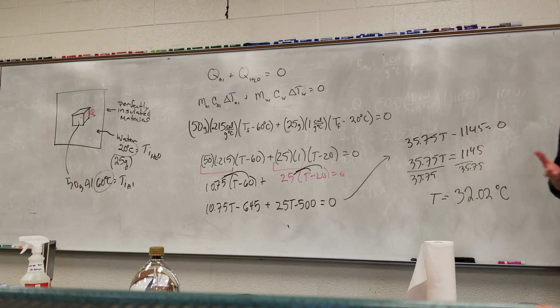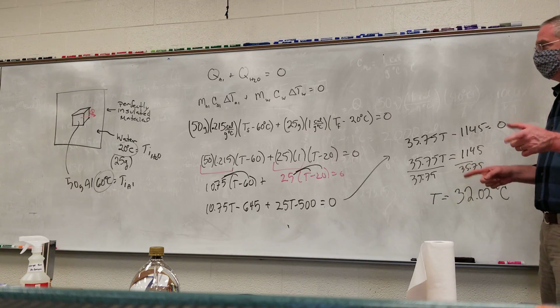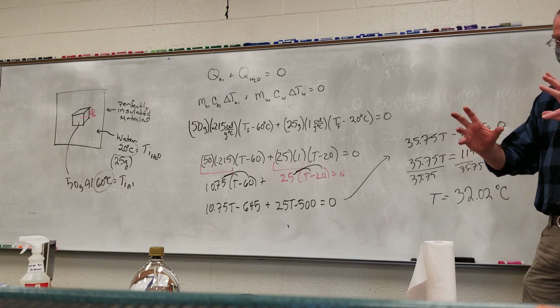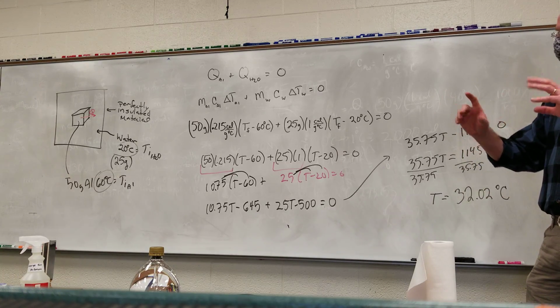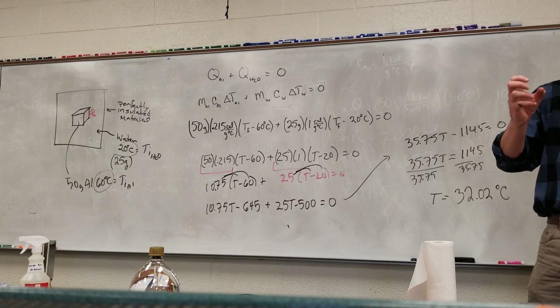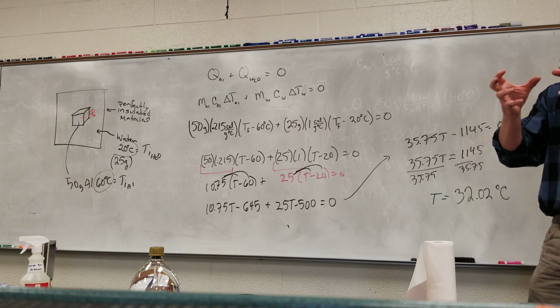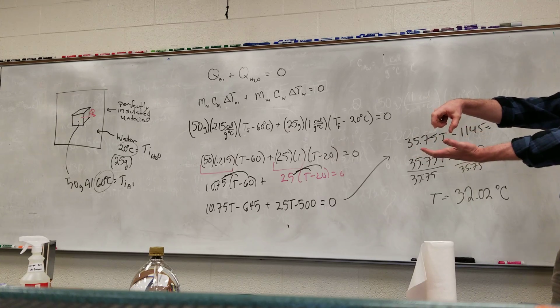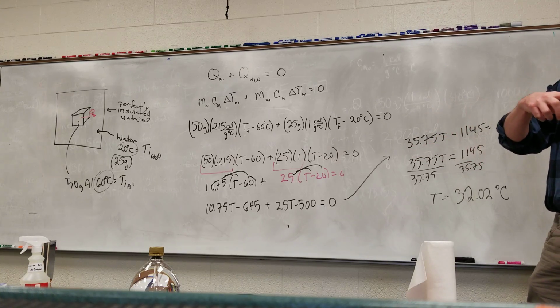And this, in essence, is what you're going to do in the lab. The difference between this and the lab, I mean, you're going to take water, you're going to put a cube into boiling water to get the cube up to the temperature of the boiling water. Then you're going to transfer it into cold water, checking the temperature of the water as you go.